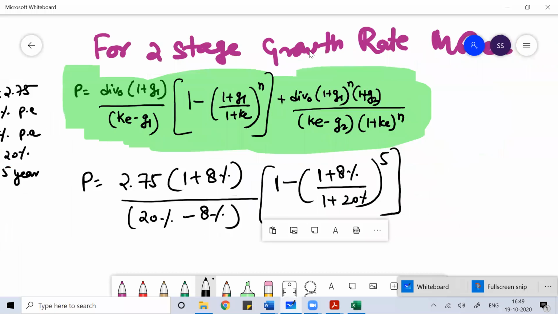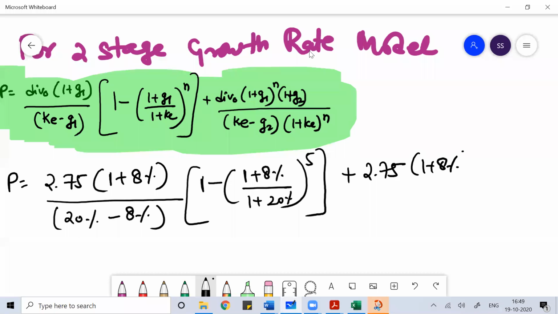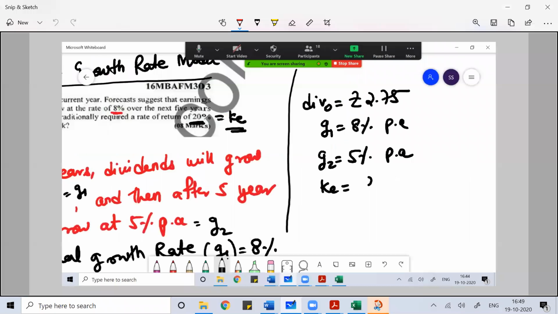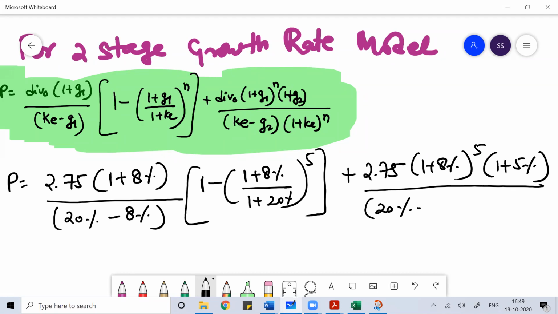Plus DIV naught, which is 2.75, the current dividend, into (1 plus 8%) to the power n, n is 5 years, into (1 plus 5%), divided by k, 20%, minus 5%, then (1 plus k) to the power 5.